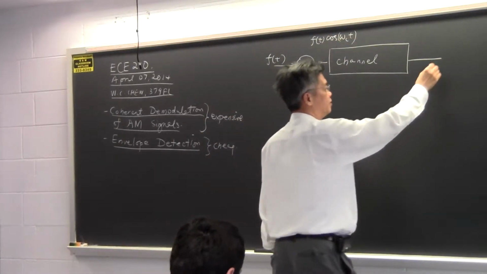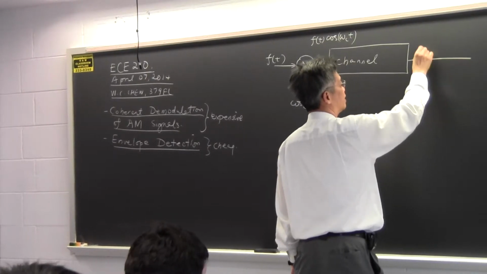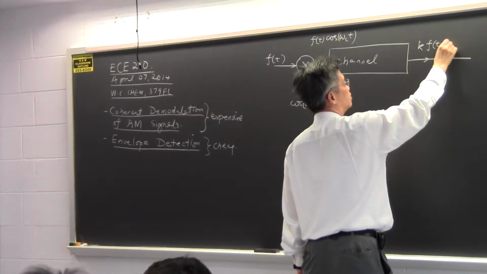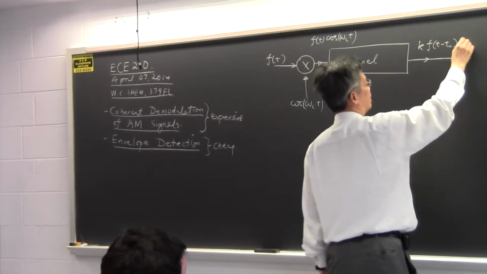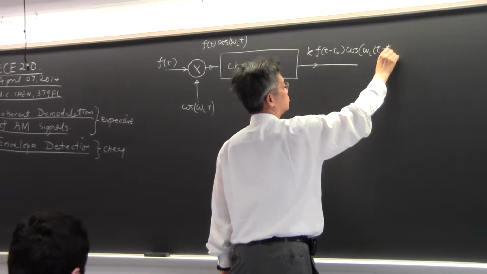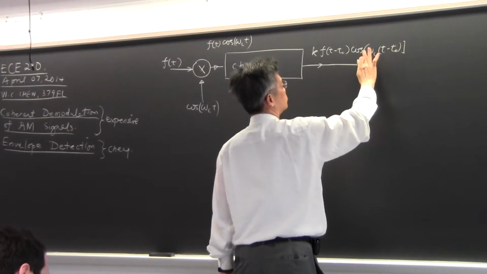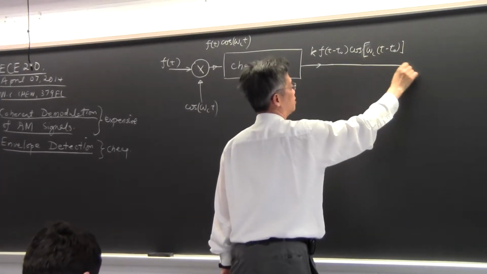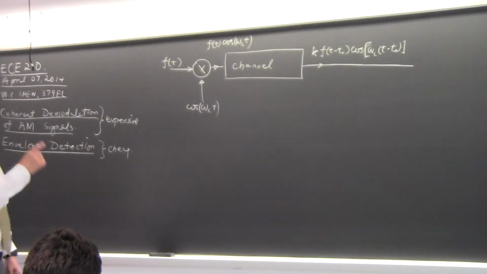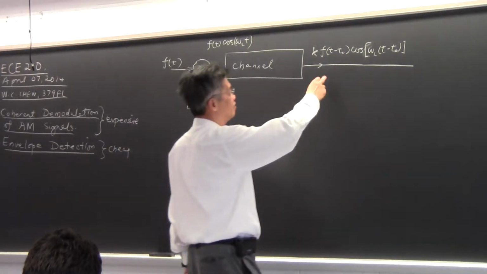And then after it goes through the channel, it goes through some sort of attenuation and time delay. It goes through this kind of process. And then you have to change this signal back into something that looks like f of t.